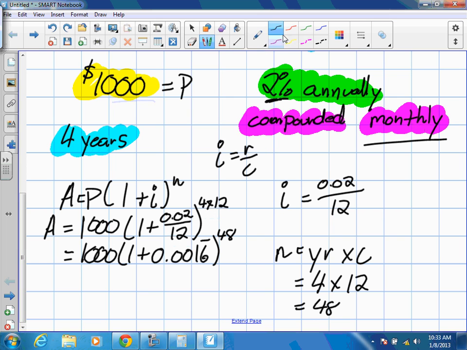So we have our 1,000 is equal to 1 plus that, which is 1.0016 repeated, to the power of 48. So we're going to use our calculator. It's important we try to be as accurate as possible.